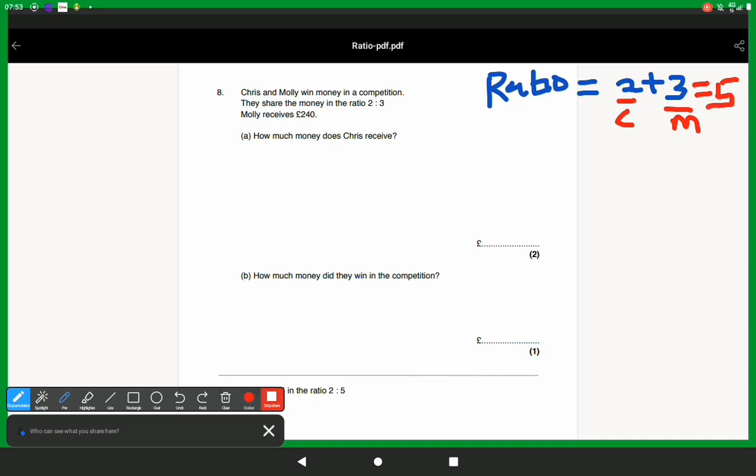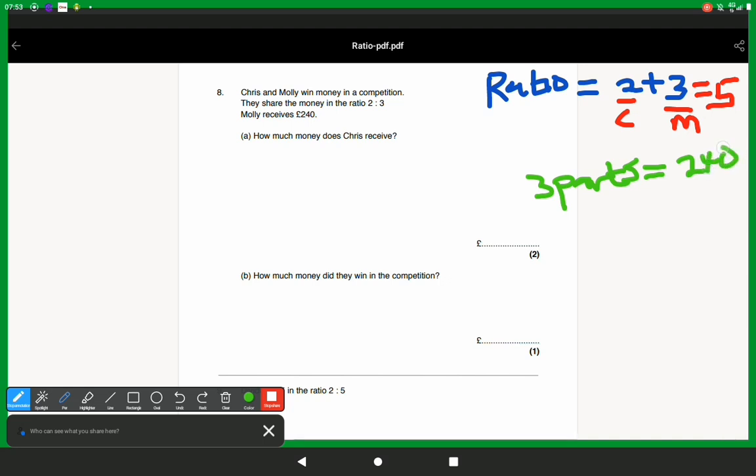Alright, so if their total ratio is 5 and Molly gets £240, do not forget that Molly has ratio 3. So if I have ratio 3, then 3 parts gave us 240.